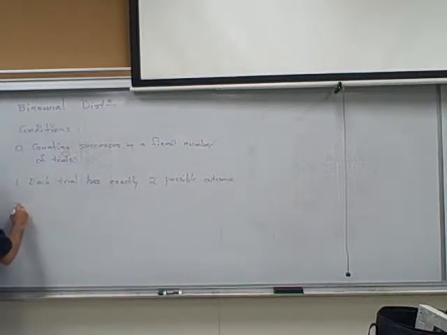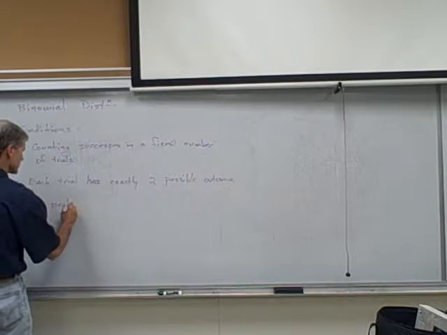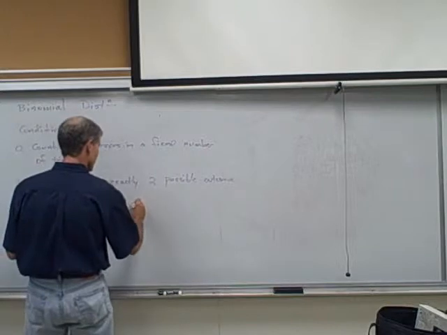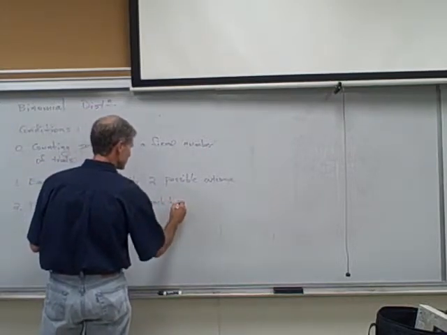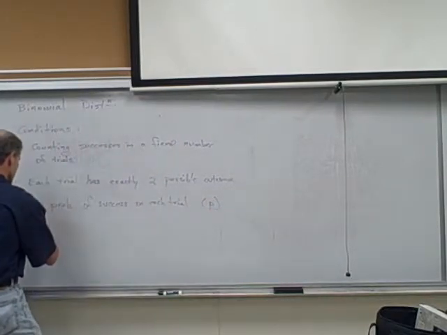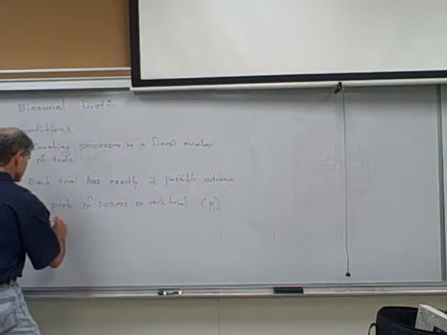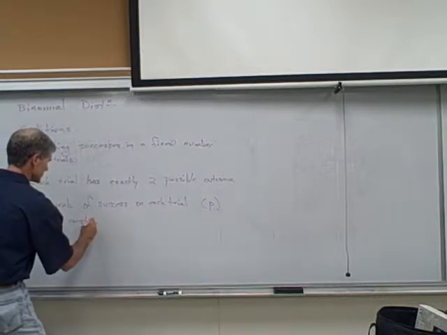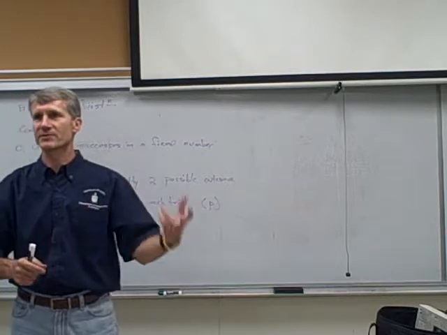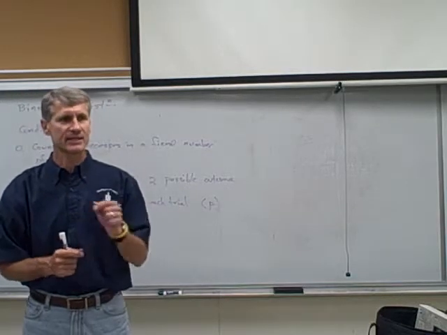The third, or second condition starting at 0, is that the probability of success on each trial, which we call P, remains constant. So when you flipped the coin the first time, the probability of heads was 0.55. When you flipped it the second time, it was still 0.55. It didn't change.